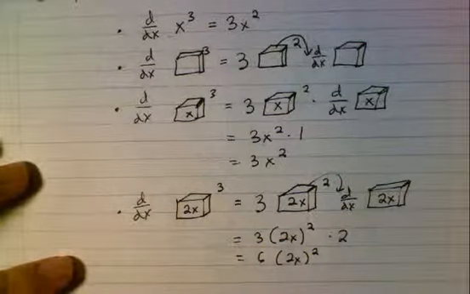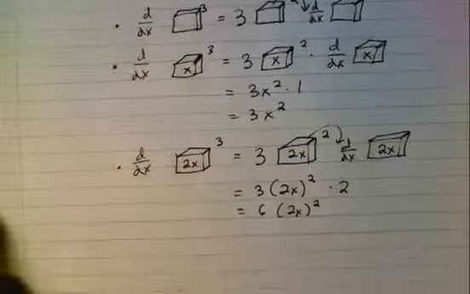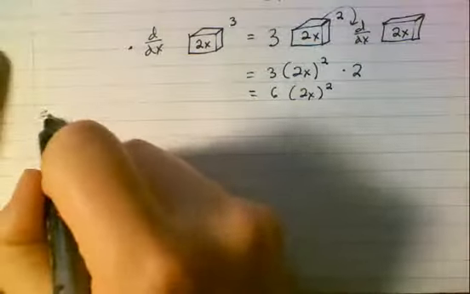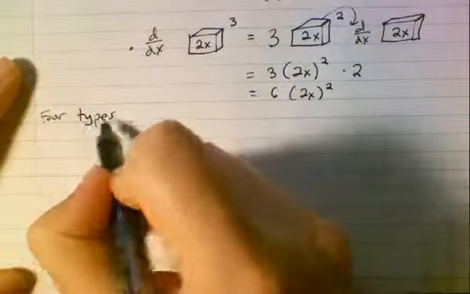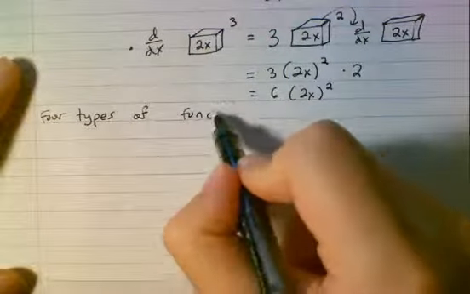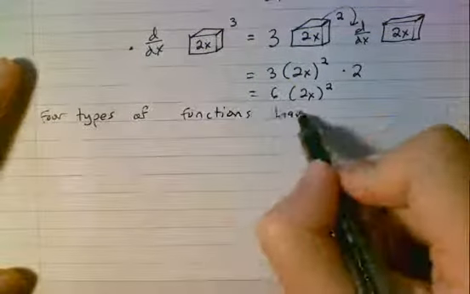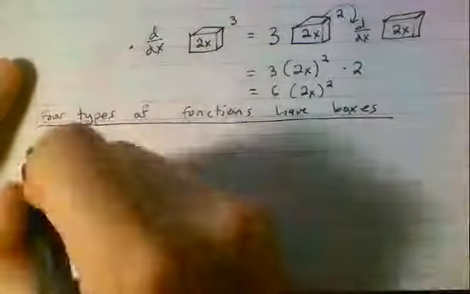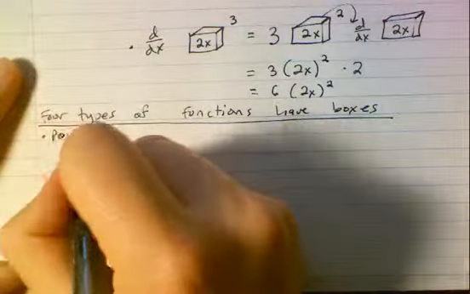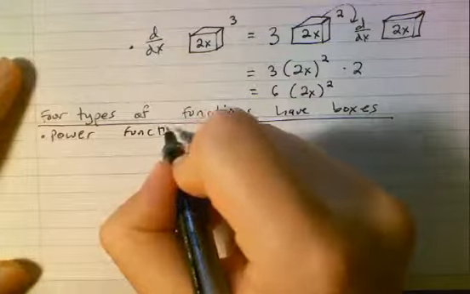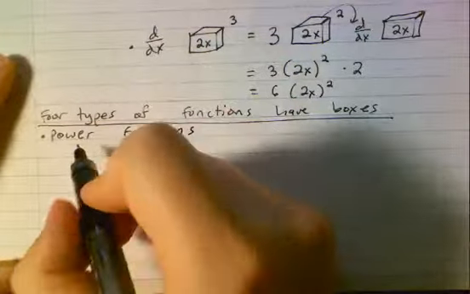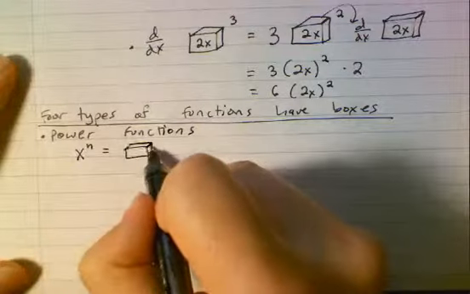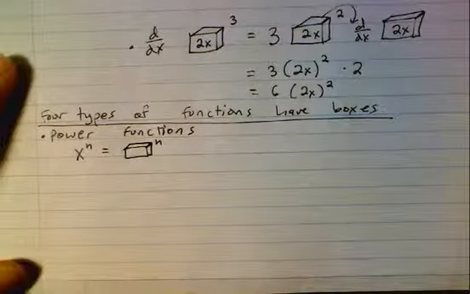Now, there are only 4 types of functions that we've worked with that have boxes. Those are power functions, so if we ever have something that's x to the n power, that's some sort of box to the n.